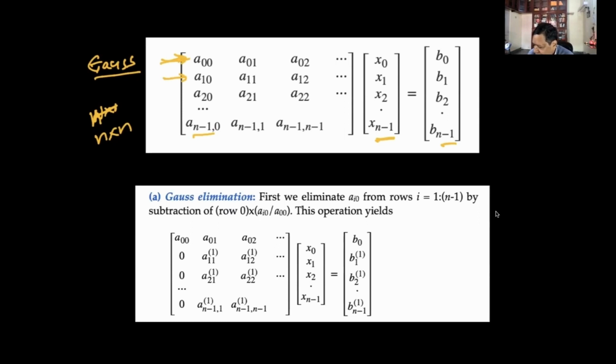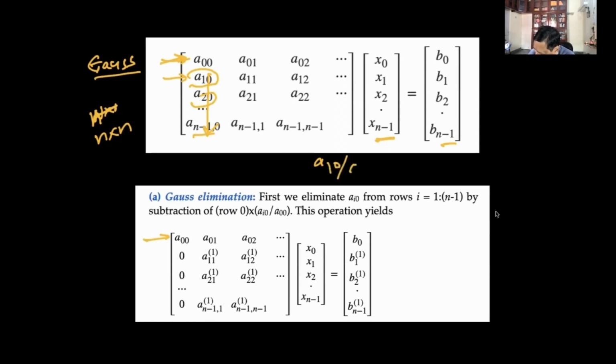What we do here is eliminate A10, A20, all these entries. How will you do it? We keep the first row, and I eliminate A10 first. So divide all the entries by A00 and multiply by A10.